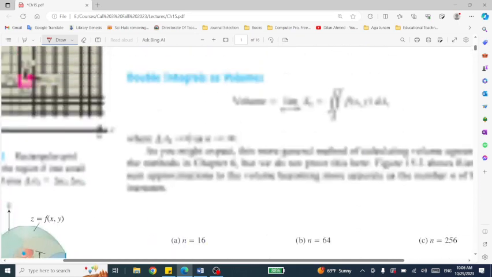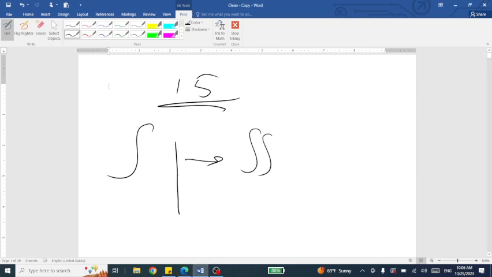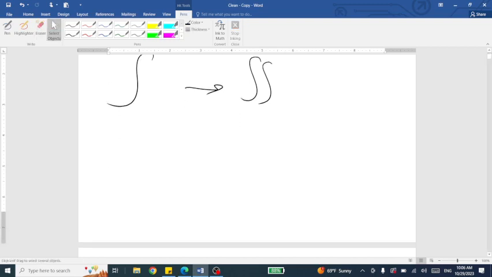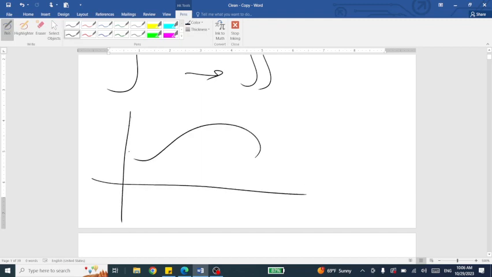So what is that graph talking about? If you remember in Calculus 1, if you want to find the area under this curve between a and b, we have to find the area of these rectangles.